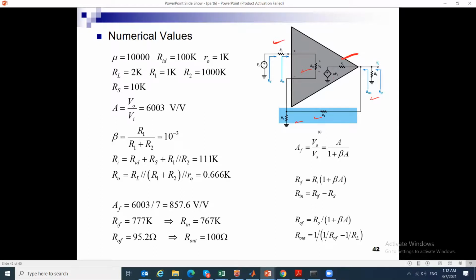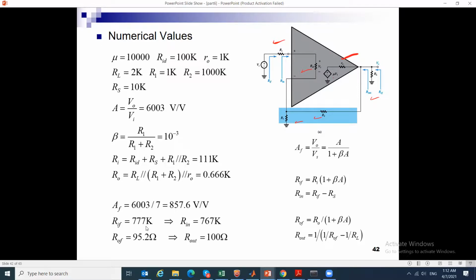If we plug in the information, we'll obtain the modified A gain to be 6000 here, and we will obtain beta Ri, and then we will calculate the AF, which happens to be much smaller than A, because it's a feedback amplifier. Beta is a small number also. So 1 plus A beta rounds up to be 7, and we can calculate the gain.